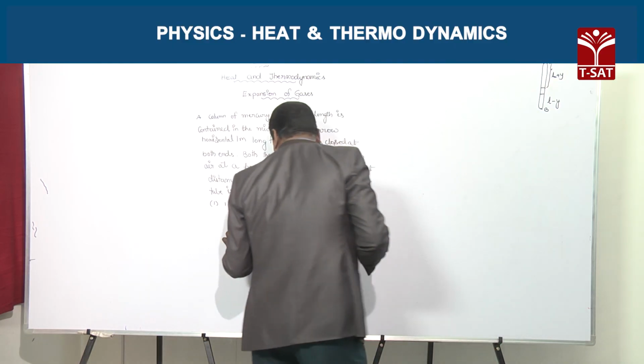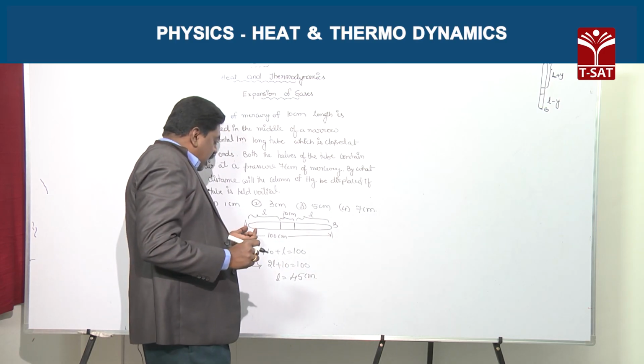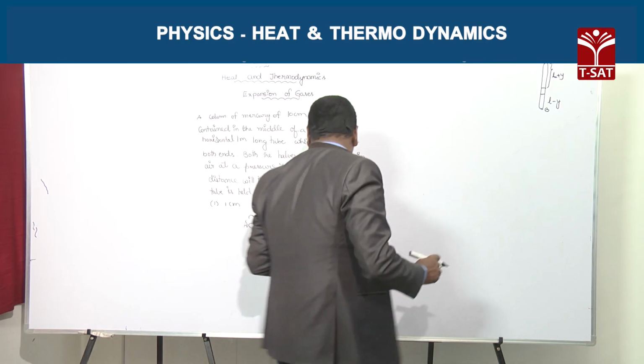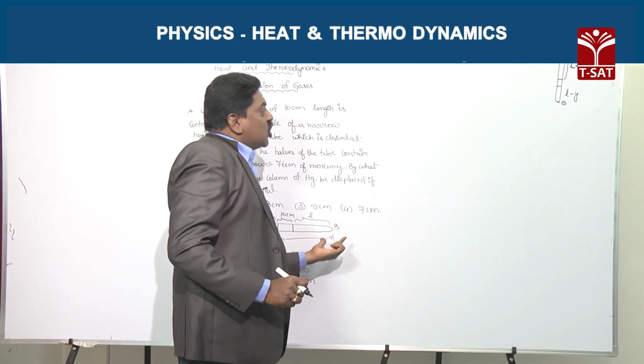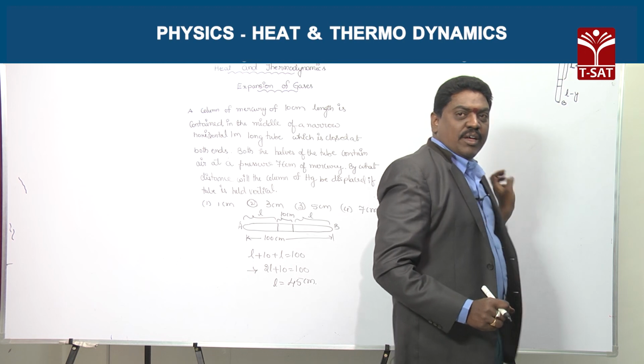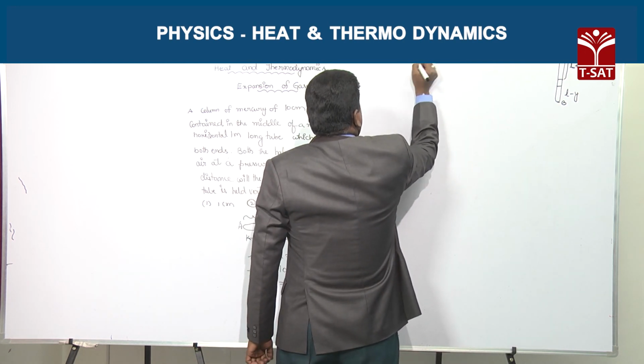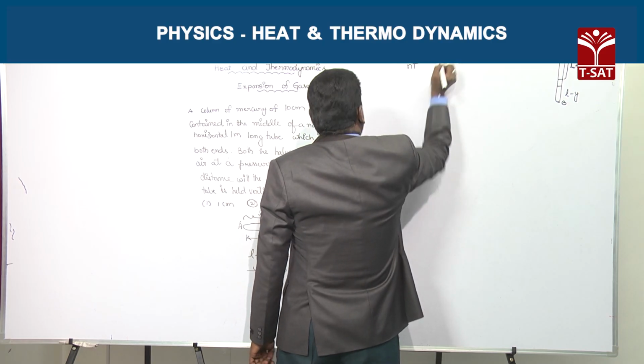Okay. Now let us compare the horizontal position of A with the vertical position of A, and the horizontal position of B with the vertical position of B. The ideal gas equation says that PV by nT is constant.